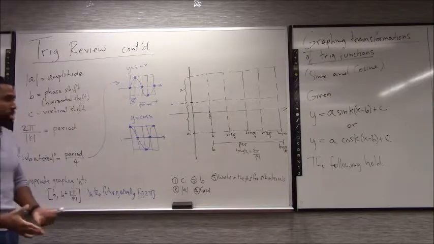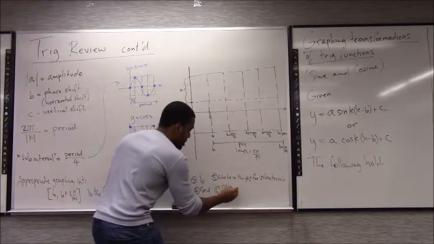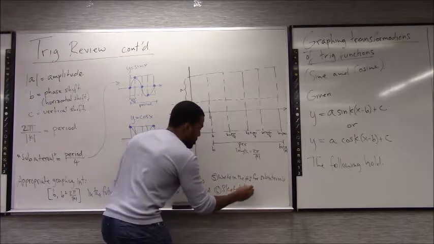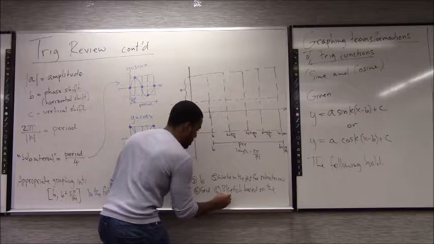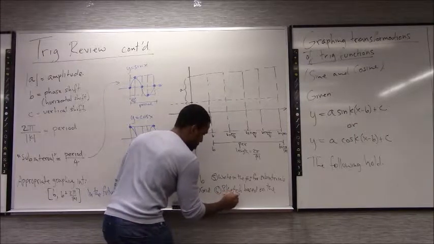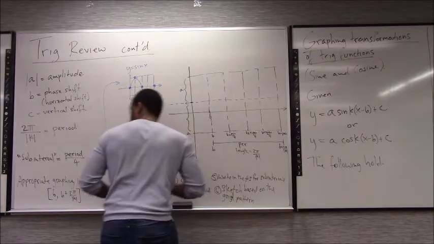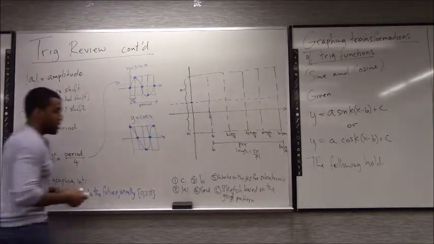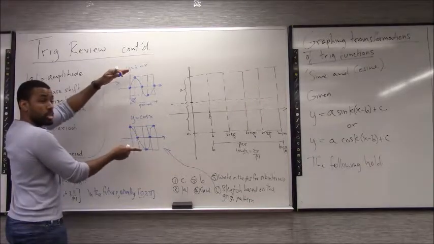So once you actually have this grid down, then you basically sketch based on the grid pattern. By grid pattern, I mean knowing whether or not you have a sine or cosine, you'll sketch basically this way.